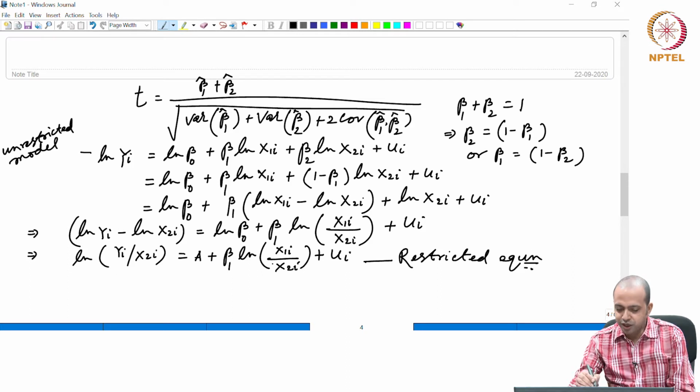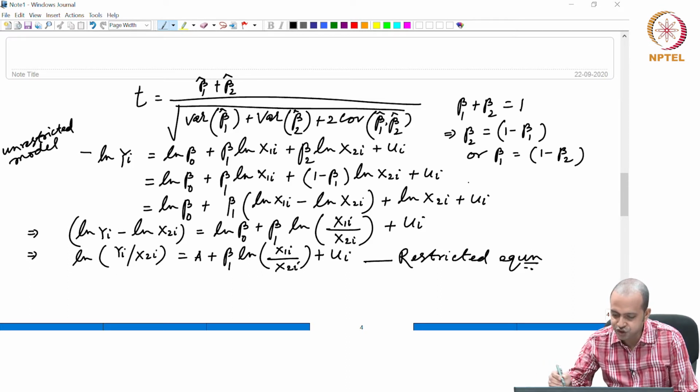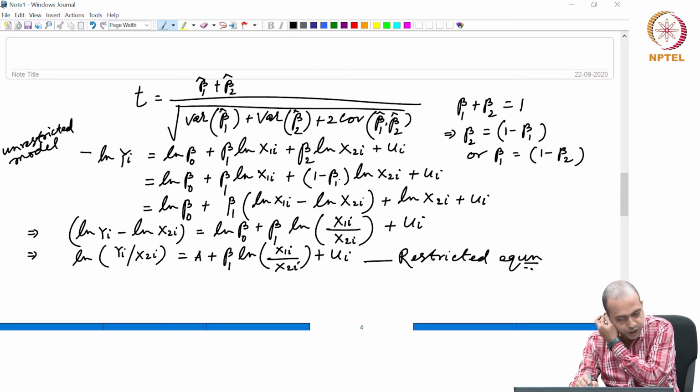Similarly, here I have substituted the value of beta 2 in terms of beta 1.